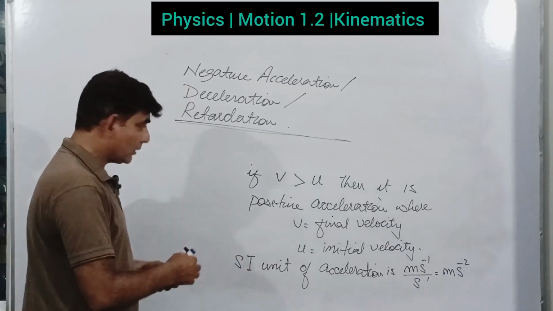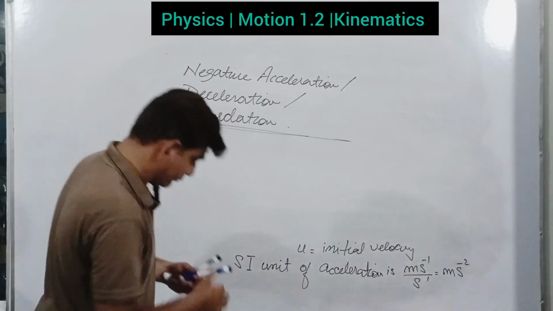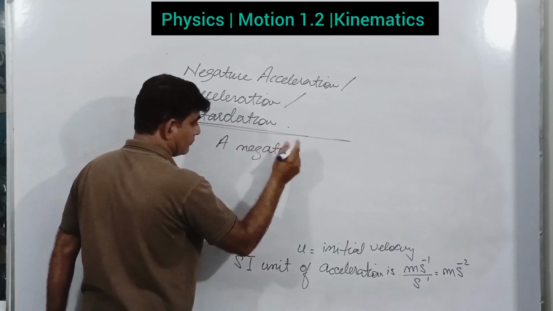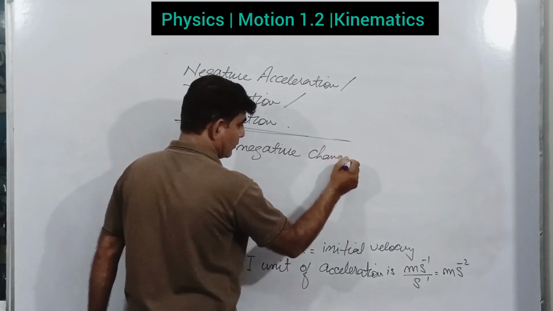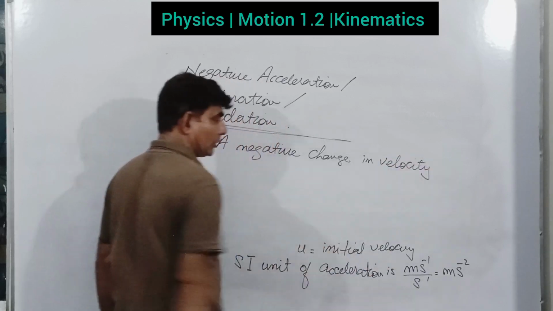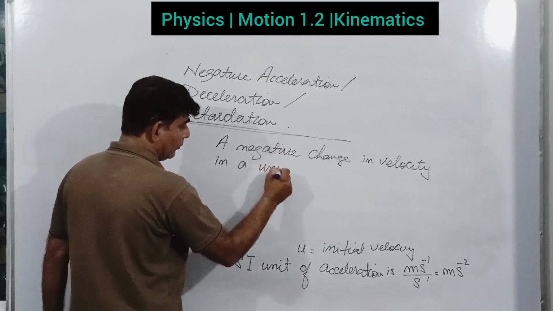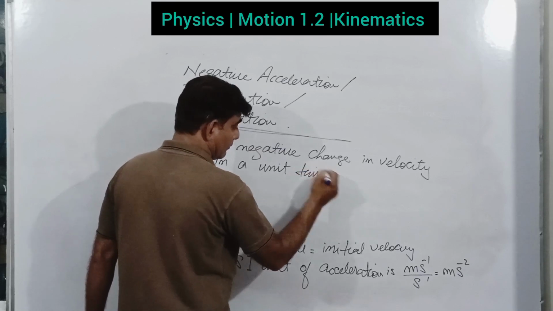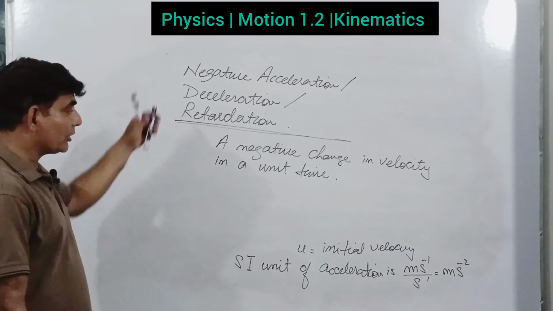Now I'm writing over here: a negative change in velocity in a unit time, or per unit time, is called negative acceleration or deceleration or retardation.